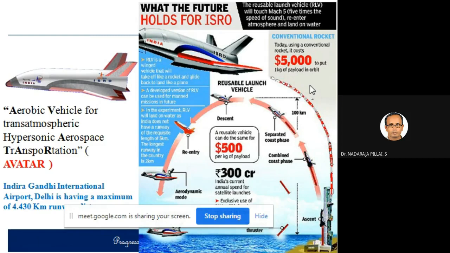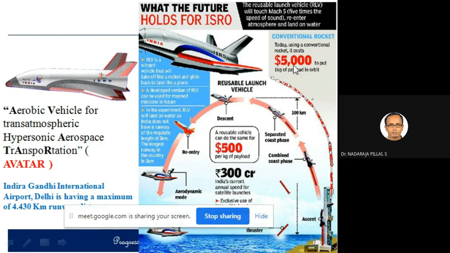Now, our thinking is to replace such vehicles with a reusable launch vehicle, right? See, the idea here is that the airplane takes off from the ground, goes to orbit, puts the satellites wherever we want, and then comes back. It's very interesting. The whole launch vehicle will not be wasted.